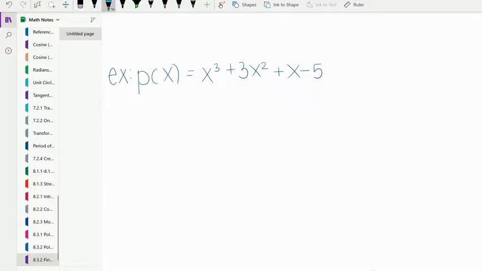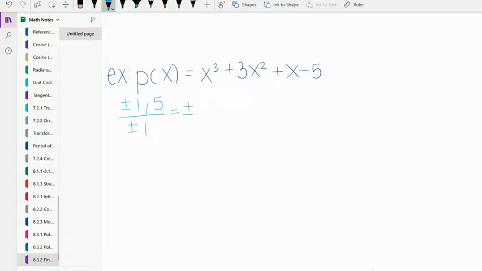So our possible factors are going to be plus or minus 1 and 5. So those are the possible factors of the constant, and then we divide by the factors of the leading coefficient, which would be 1.